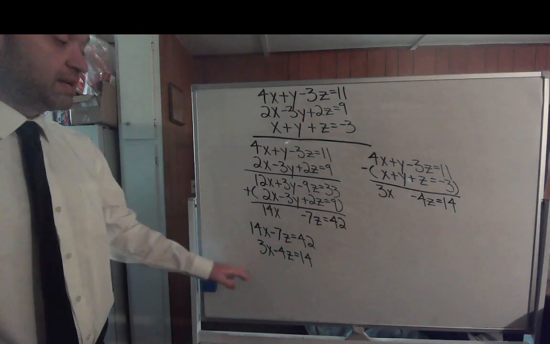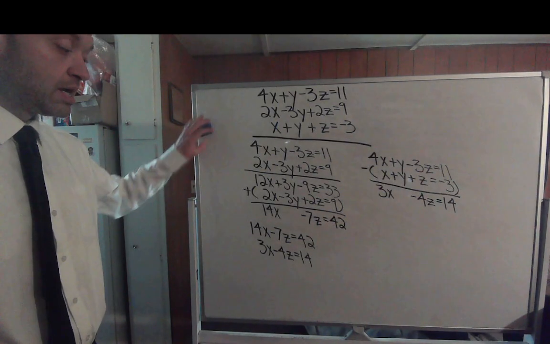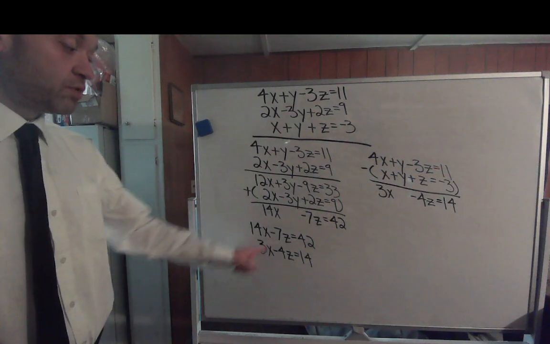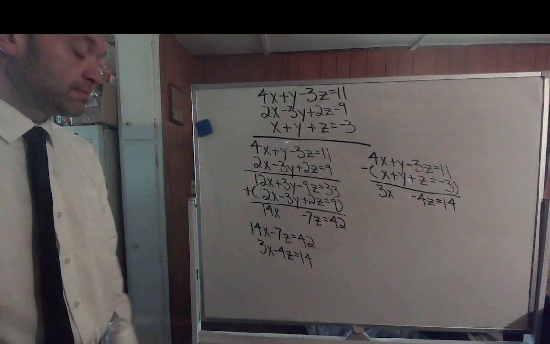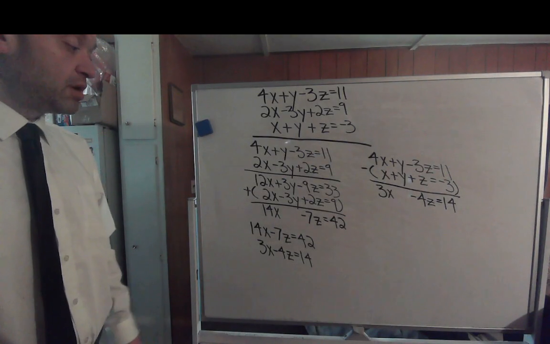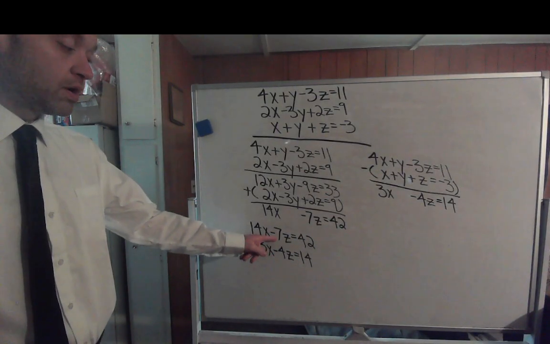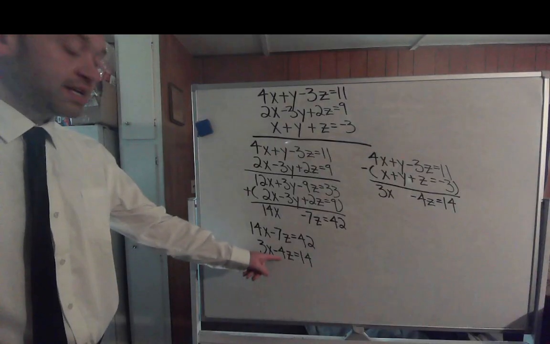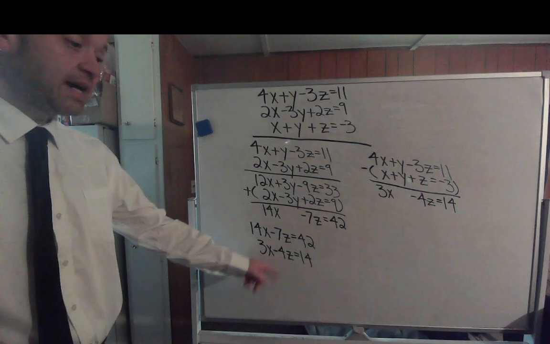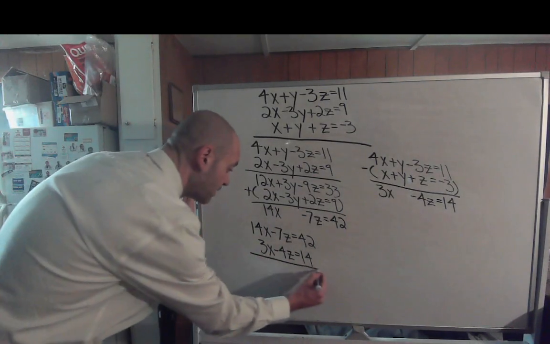Well, we need to pick another variable to eliminate. I'm going to vote we eliminate z. So if I multiply the top equation by -4 and multiply the second equation by 7, I should be able to cancel out z. So let's show you what that's going to look like here.